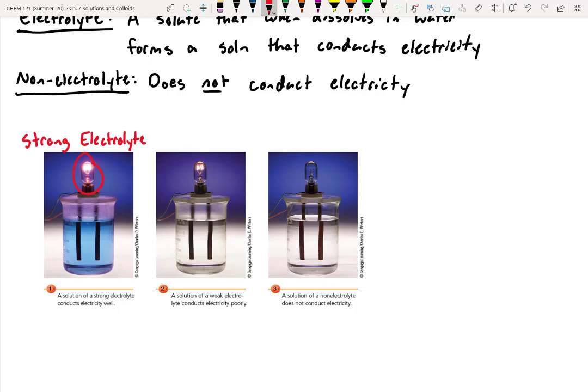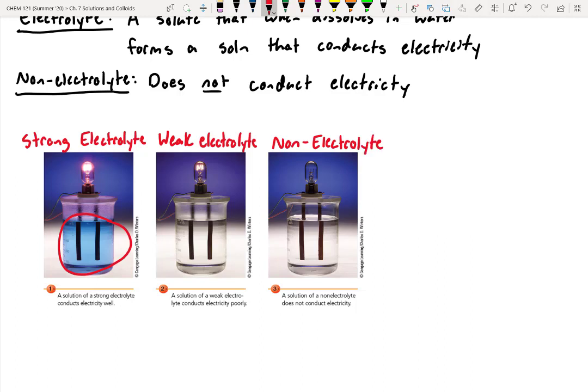This solution that's down in this blue area is going to be a really strong electrolyte because it's allowing current to flow through the liquid, the solution. In the middle here, you can see this light bulb's kind of on, but it's not great. This would be called a weak electrolyte. And then over here, you can see that this solution's not really conducting electricity at all, and this would be a non-electrolyte.